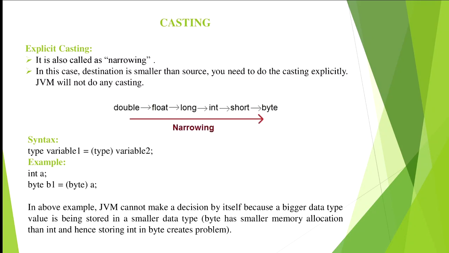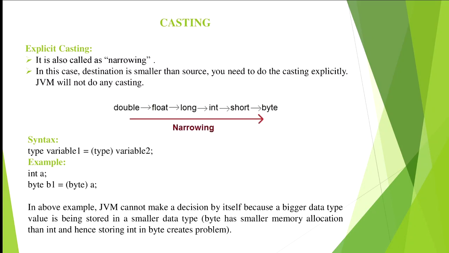Because the data type of a is integer, and I am going to assign the value of a to the variable b1, but the data type of b1 is byte, and that's why I change the cast of a from integer to byte, and this is called explicit casting. The JVM cannot make a decision by itself because a bigger data type value is being stored in a smaller data type, and it may create a problem.